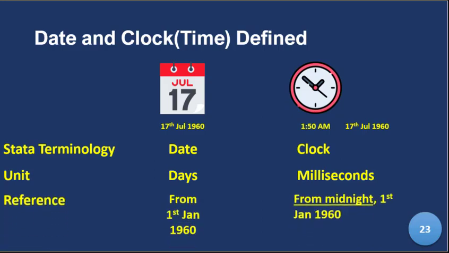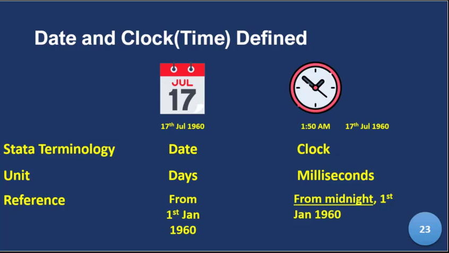Any day in numeric form, that's date or calendar, as I have been calling it, that Stata refers to, is referring to it as the number of days from 1st of January 1960. In the same light, any time Stata is collecting, or clock in this case, is from midnight, that is 000 hours of the 1st of January 1960.